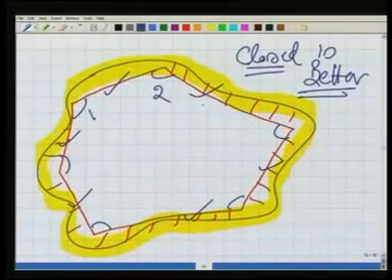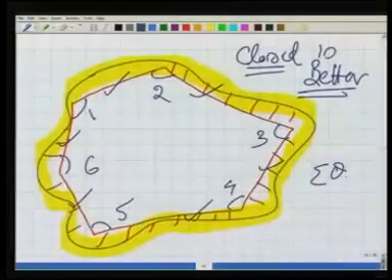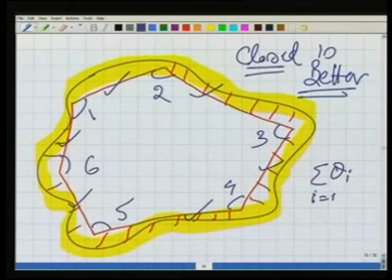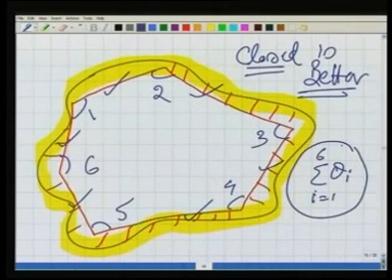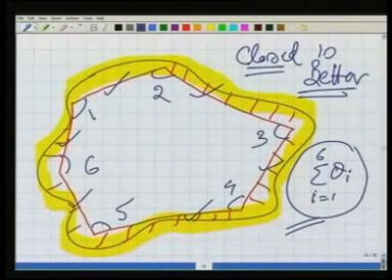For example, here, if we have 1, 2, 3, 4, 5 and 6 internal angles measured, so you know what should be the sum of I1 to I6. What should be the sum of all these angles? For a closed figure, you know it theoretically, and you are measuring this also in the field.